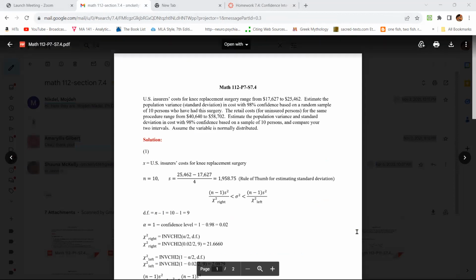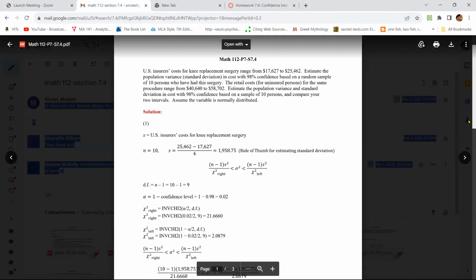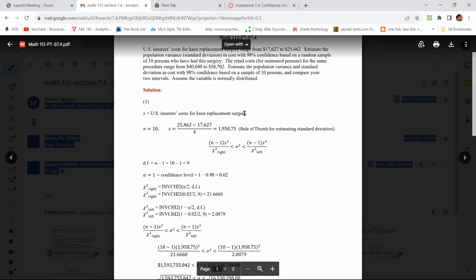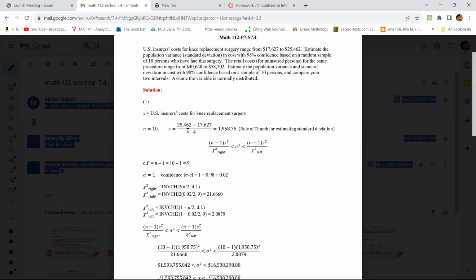So I'm going to share the screen here so you can see what I'm talking about. Here on the screen is your insurers. So you have 25,462 minus 17,627.